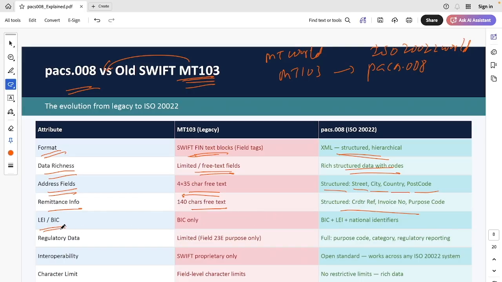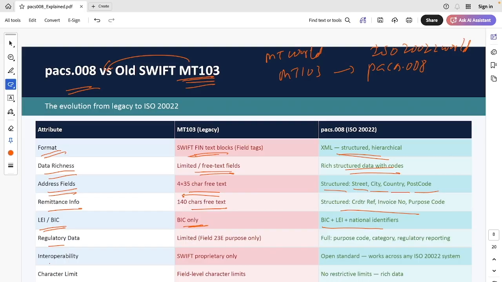Fifth is regulatory data and identifiers. MT103 mainly supports BIC-based identification, but pacs.008 can support BIC, legal entity identifier (LEI), national identifiers, purpose codes, categories, and regulatory reporting information. And finally, status tracking. Status tracking is more structured in the ISO 20022 world.